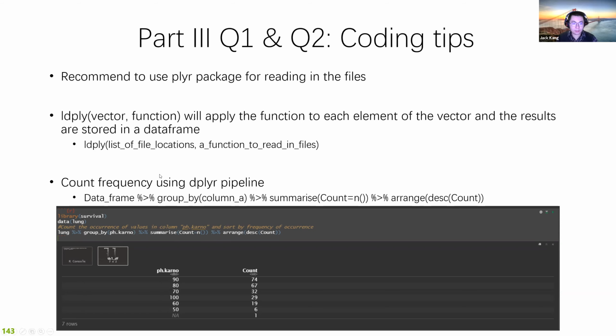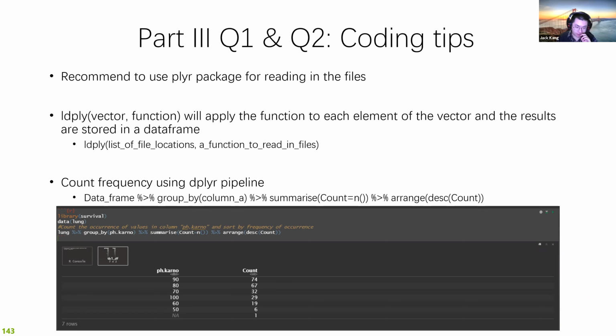So you may want to get a vector containing a list of file names for the MAF files, and then you put a function for reading the files. And so in this way, you get a data frame that stores the gene mutations and protein changes across all samples.